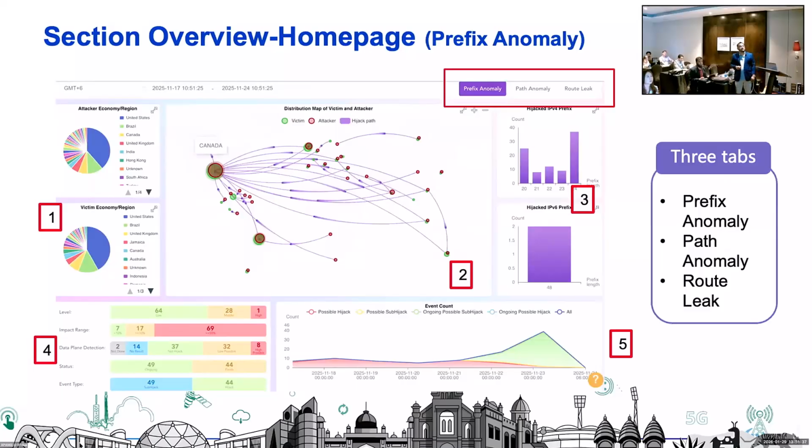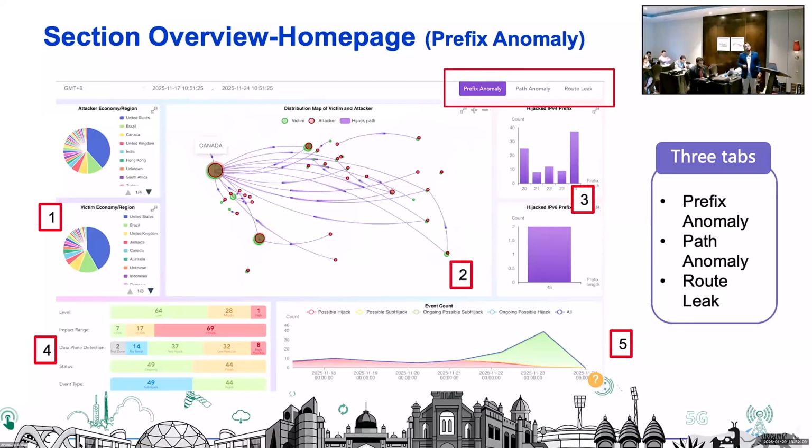The red ones are the attackers, and the green balls are the victims, and these are the hijack paths. It is interactive and real time. This is a world map, and you can see it by region. If you click here, you can go to the details.